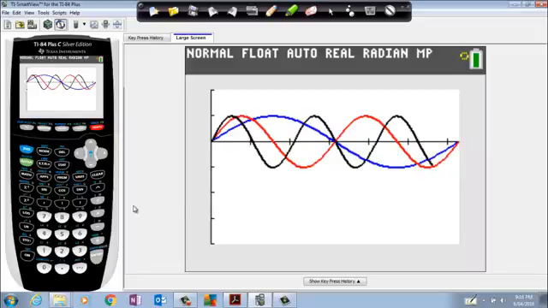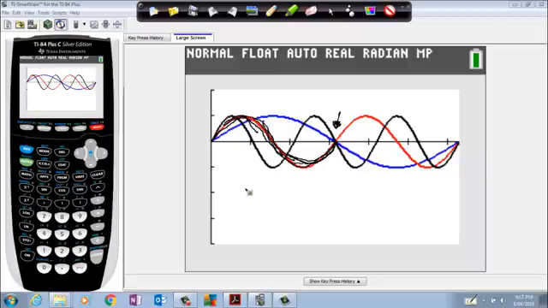If you look at the red one, its period finishes right here, because we've got it going up, down, and then finish. That's one cycle, just one wave. And that actually is half of what the blue one is.